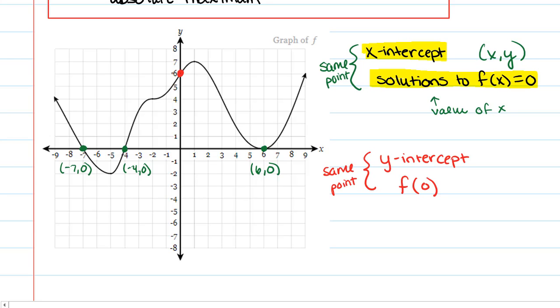Because if we think of the vertical line test, we can't possibly have two y-intercepts because that would not pass the vertical line test. But our y-intercept is up here. It's where it crosses the y-axis, and that is 0, 6. And let's write that. That is the y-intercept.